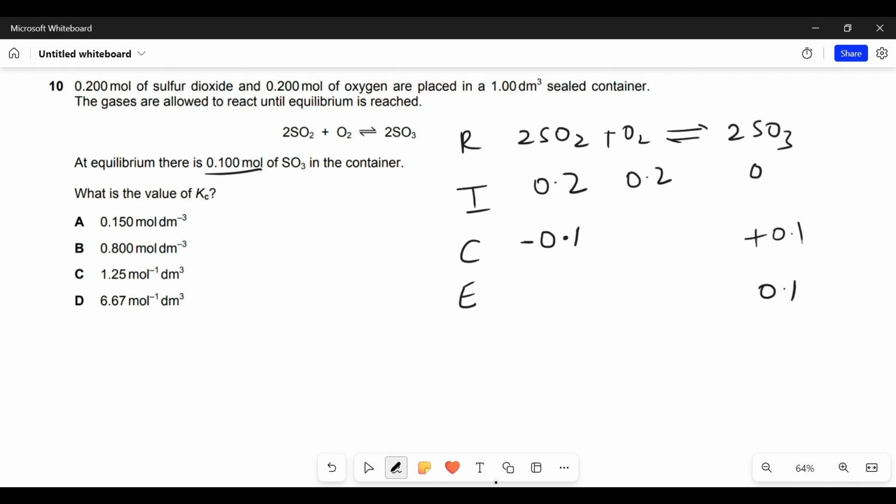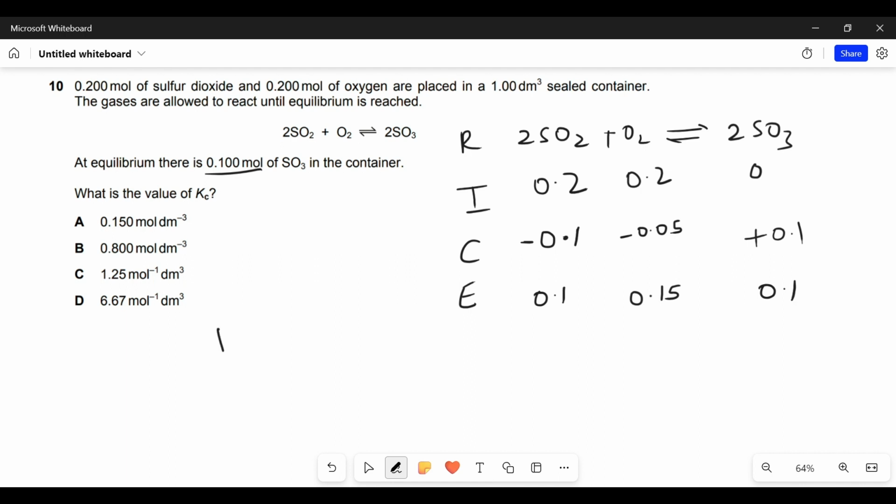So 0.1 mole of SO2 will react with half of it, that means 0.05 moles of oxygen. Let's calculate the equilibrium concentration. 0.2 minus 0.1 will give me 0.1 mole of SO2. 0.2 minus 0.05 will give me 0.15 moles of oxygen.